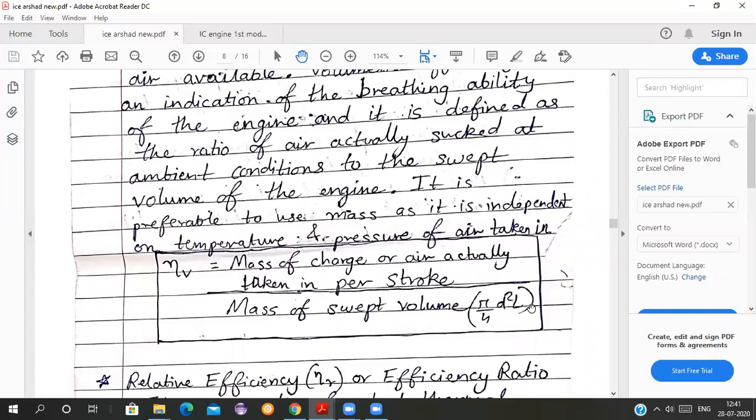The mass of swept volume is taken at atmospheric pressure, in terms of pi by 4 d square L. When this air is taken in at atmospheric pressure, that mass you have to take into account. So the mass of swept volume is taken as pi by 4 d square L.